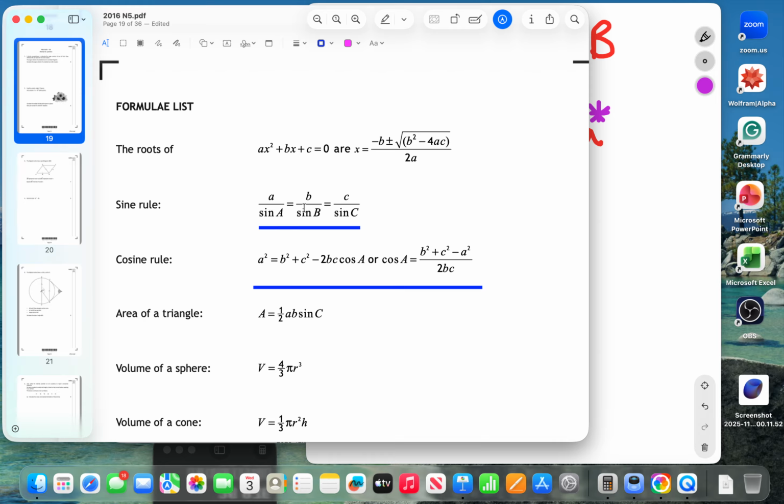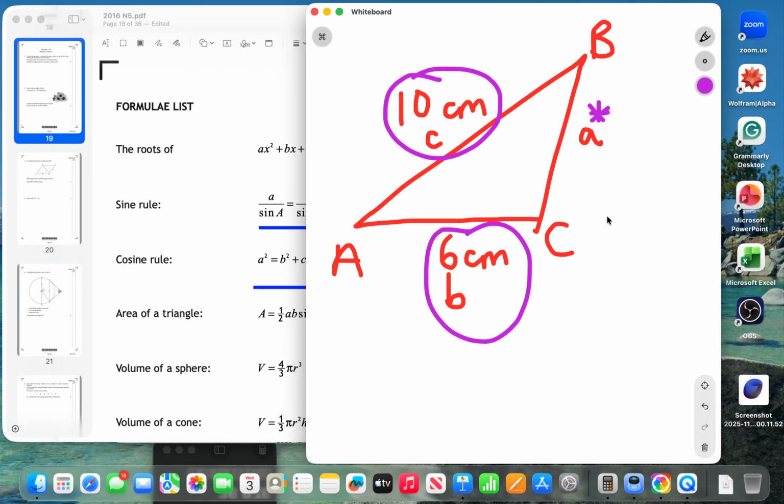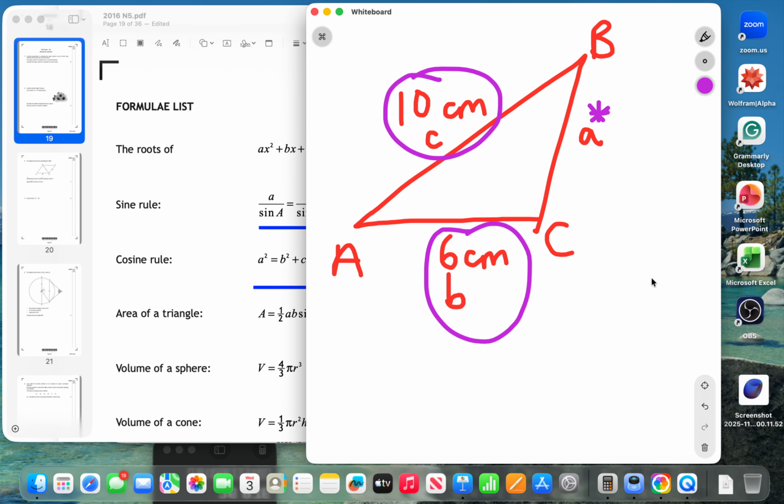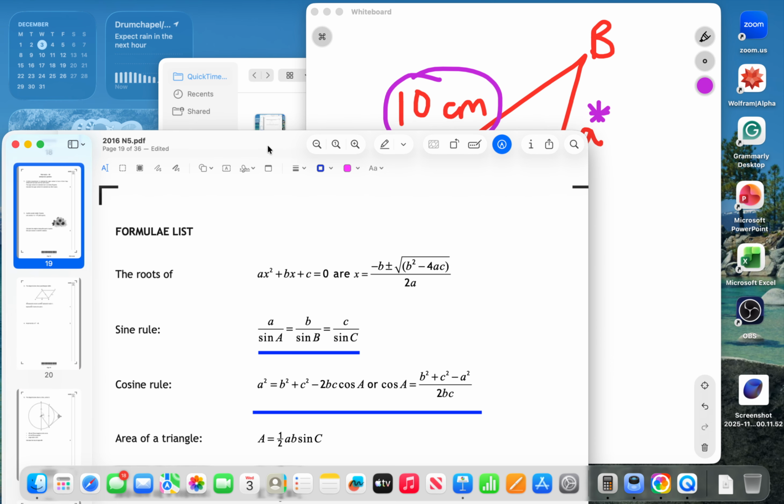If you have a look, you need to know 3 pieces of information, but we only know 2 at the minute. We know 2 sides. So we need to find a third piece of information that we can use.